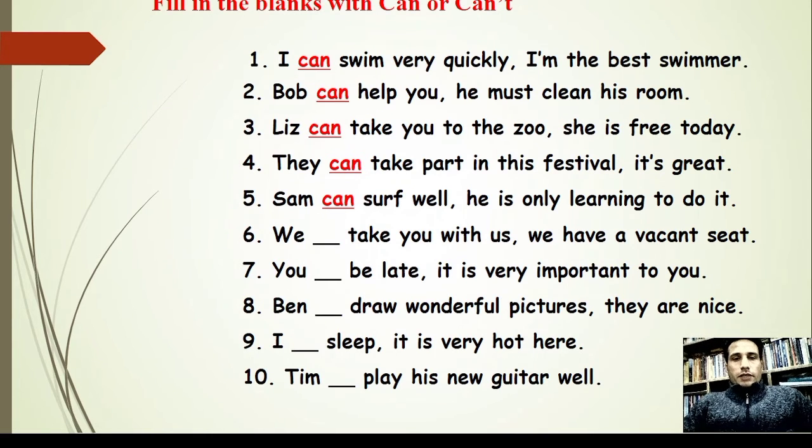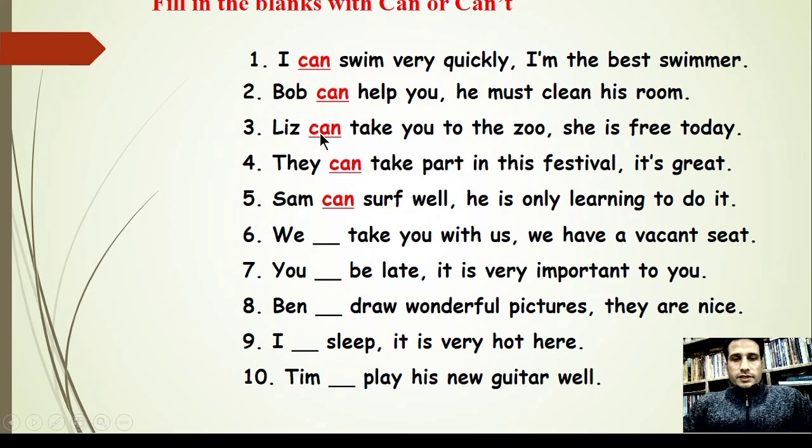Now we have some activities here, and that will help you in practicing these modal auxiliaries. For example, I can swim very quickly. I'm the best swimmer. It's a positive sentence, so I can swim. It shows the ability here. Bob can help you. He must clean his room. Liz can take you to the zoo. She is free today.